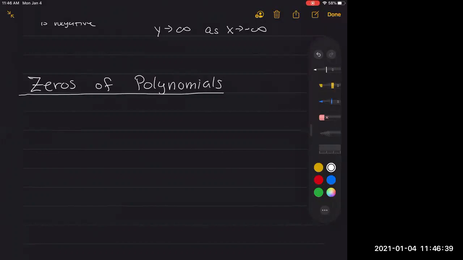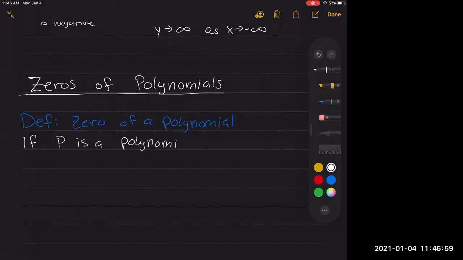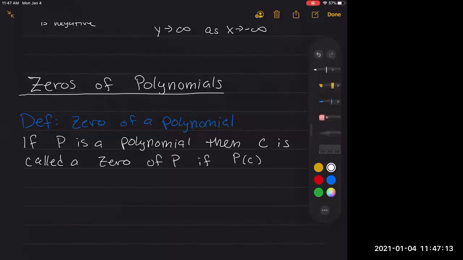All right. So we're first going to define what a zero is. If P is a polynomial, then C is called a zero of P if P of C equals 0.